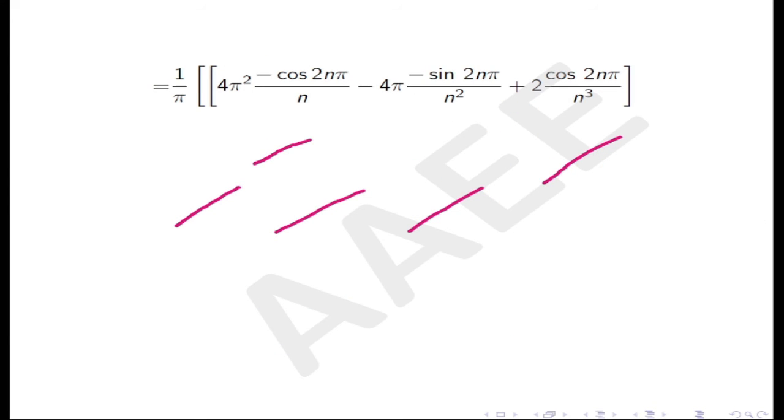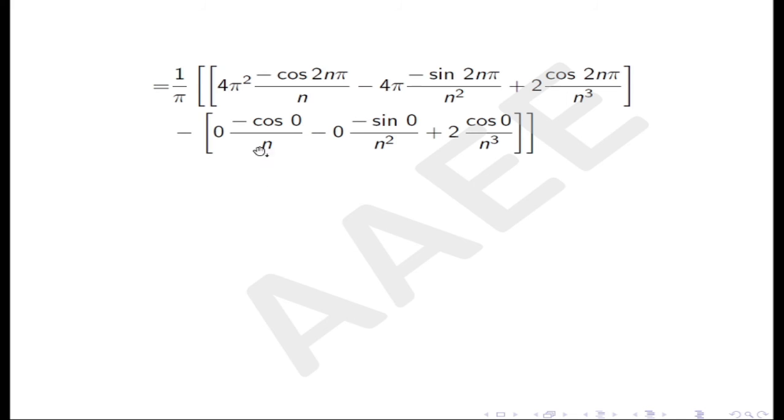and hence by putting the limit this will be 1 upon pi, x square is 4 pi square minus 2 cos of 2n pi upon n minus 4 pi minus sine of 2n pi divided by n square plus 2 cos of 2n pi divided by n cube, minus the lower limit.